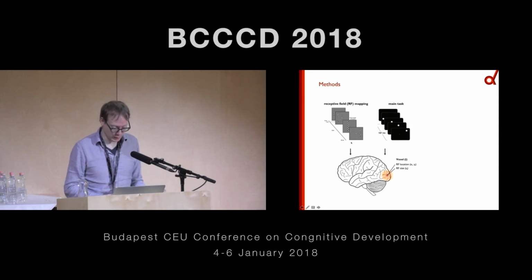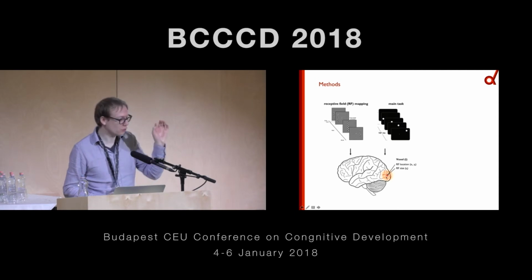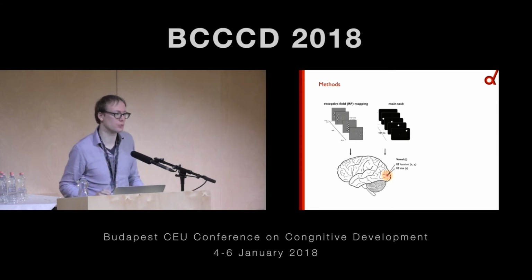That sounds very complicated, but it's actually not that bad. For every little voxel in the human brain that we measure in the visual cortex, we establish what location it is most sensitive to, so what it reacts to most, and also how large the receptive field is, so how large the area is that it responds to.